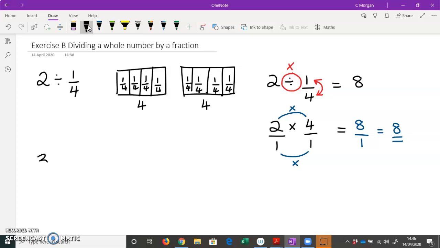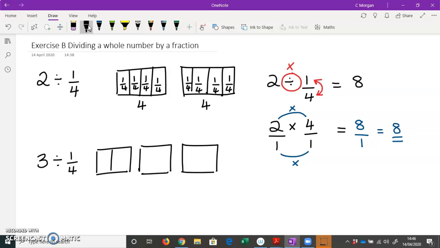For example, 3 divided by a quarter is going to work out very similar, because each bar of chocolate, of course, can be divided up into 4 pieces. If I have a look at my diagram of quarters for each whole, I can see that in each whole there are 4 quarters, and 3 lots of 4 is 12.